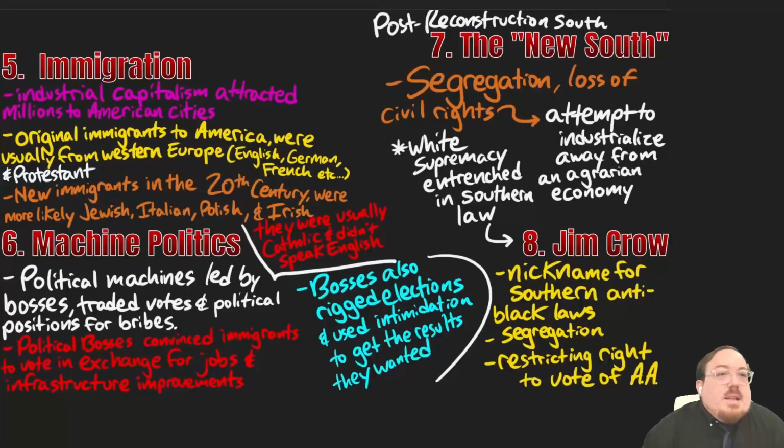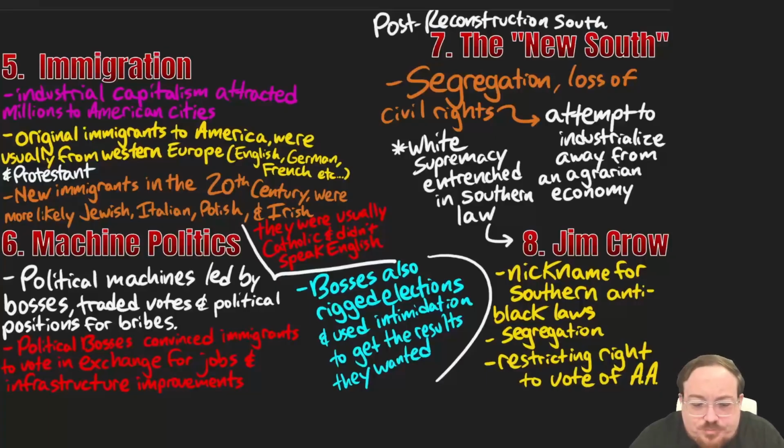Again, we have a lot of immigrants coming into this country during this period, thanks to industrial capitalism. Millions will move from all over the world in order to get a job in our economy. There's a difference, though, between these immigrants and the immigrants that came before.